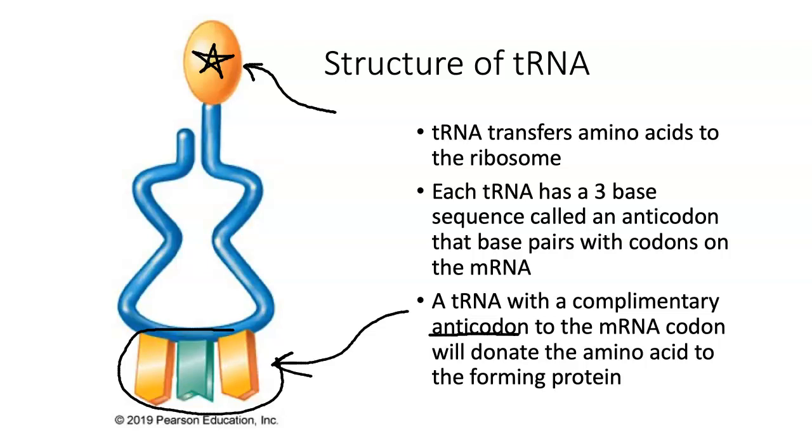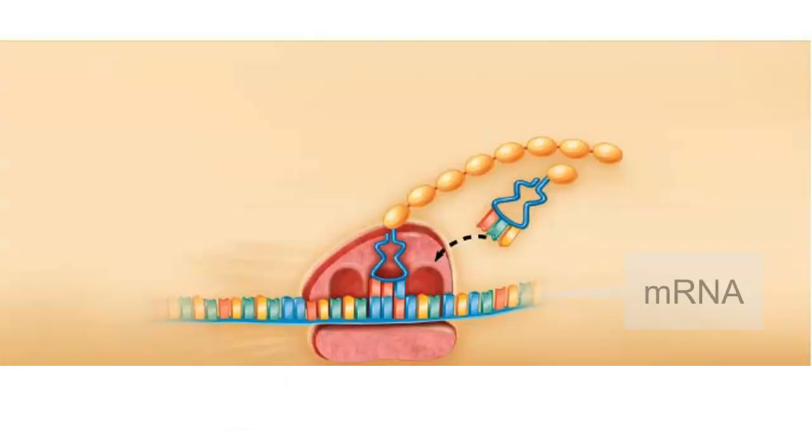So let's see if we can put this together. Okay, this is our messenger RNA strand. The orange blob is the ribosome, and you might notice that the ribosome is holding 3 codons at a time. So I can see here's a 3-base sequence, there's another 3-base sequence, and here's a 3-base sequence.